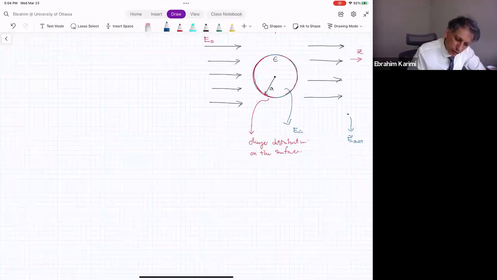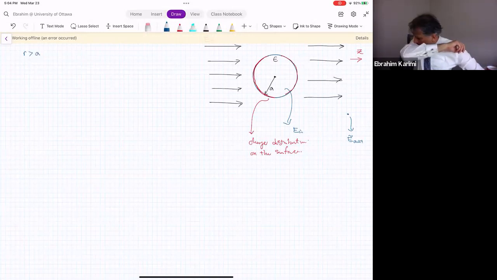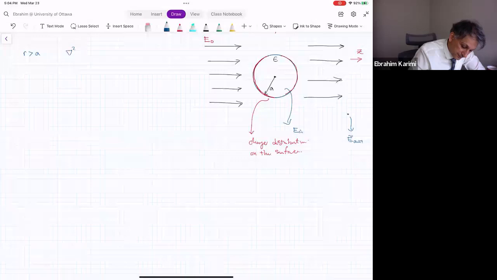So we do have 2 different regions again. Let's call it R greater than A, where we have Laplacian of phi equal to 0.